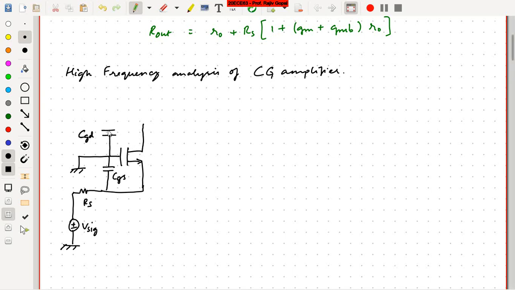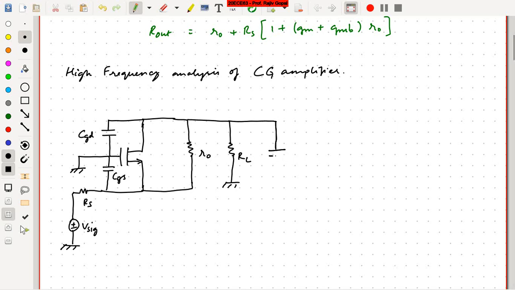And then you have R naught between drain and source. Then you have RL, and you have CL, and finally you have V naught.